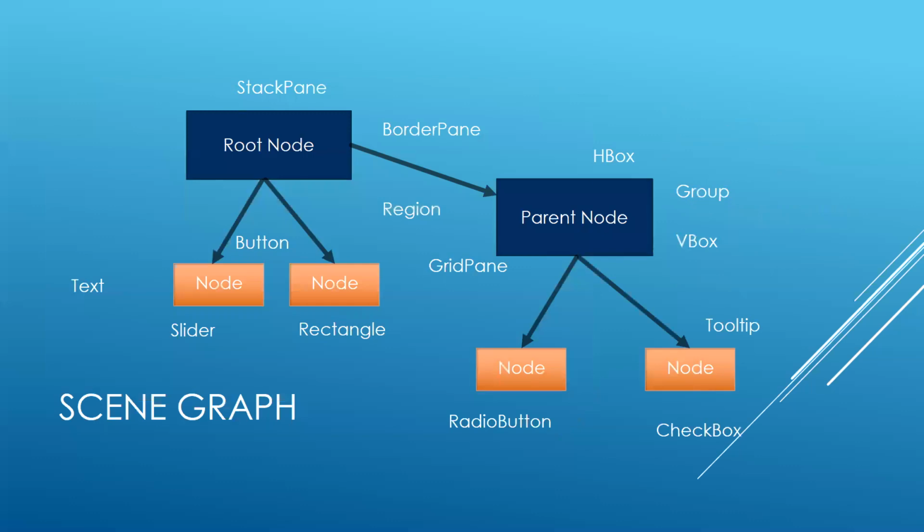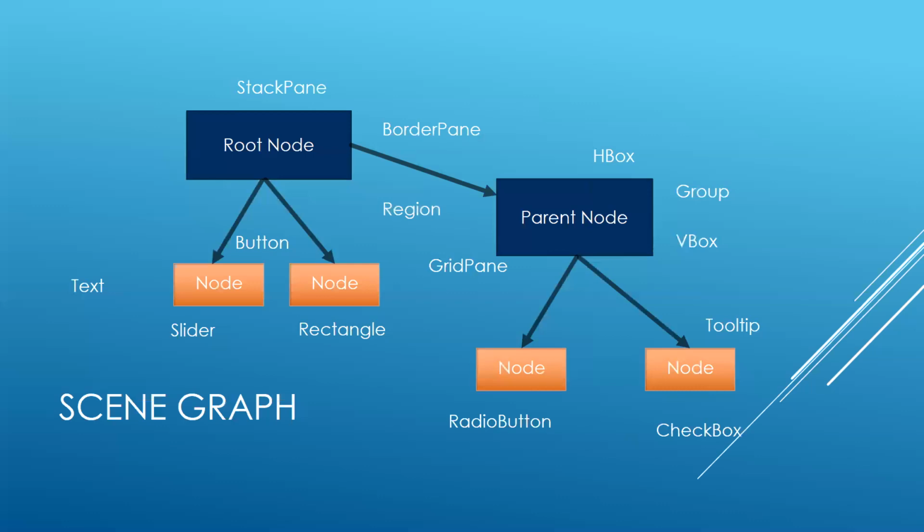So we have all sorts of different types of objects when we're working with JavaFX. Our base level objects, the nodes that we're used to seeing on forms: checkboxes, radio buttons, maybe a rectangle or a slider or a regular button or text, all of these things. This picture is just showing you that your root node is probably a pane, because the pane objects usually can hold other objects.